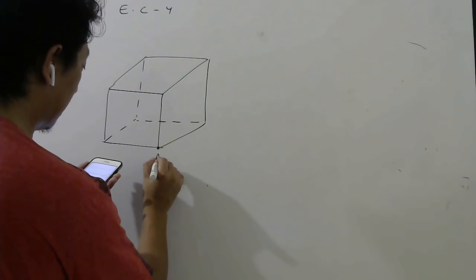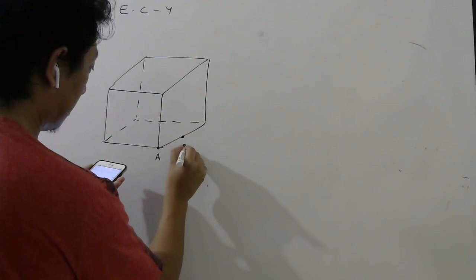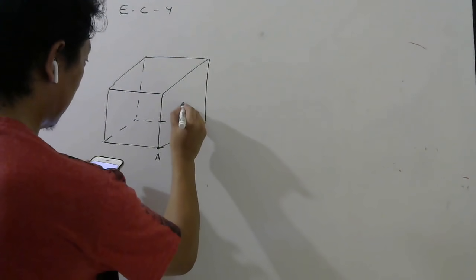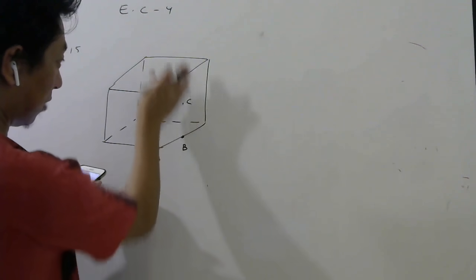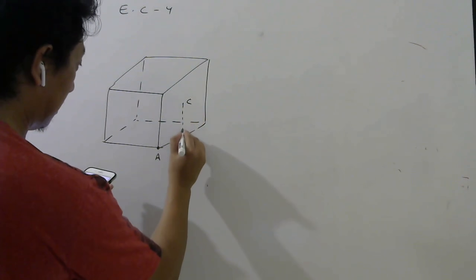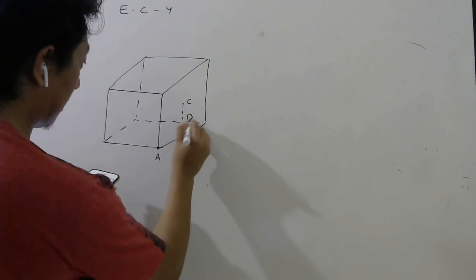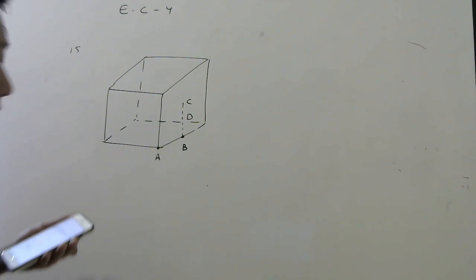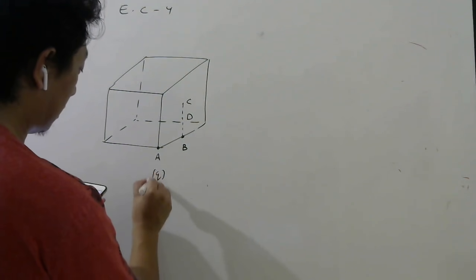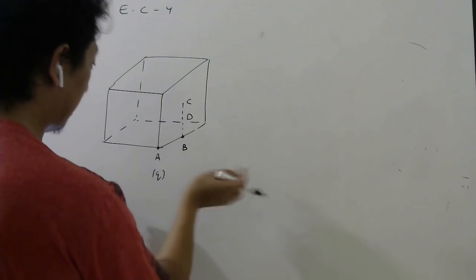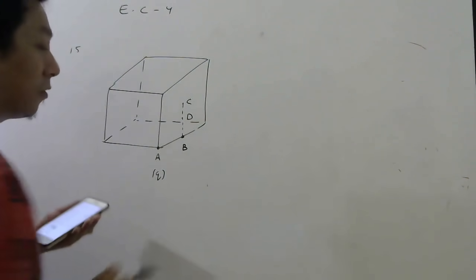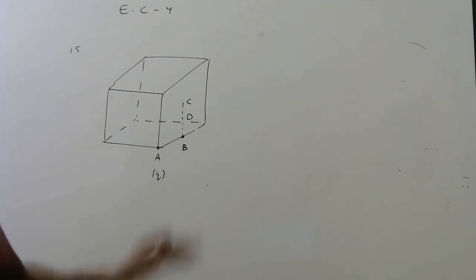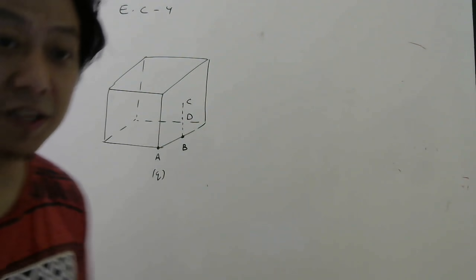So one point here is A, one point here B, one point here C. This is the center of one face, and another point is in the middle D. So if you keep charge Q here and then here and then here and then here, you have to find flux through the cube in each case.